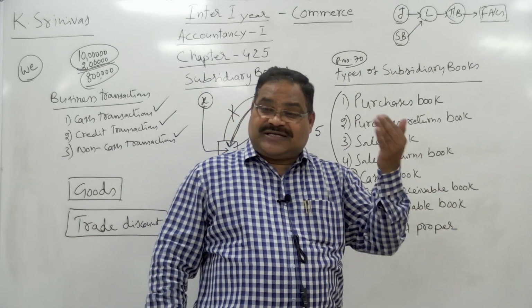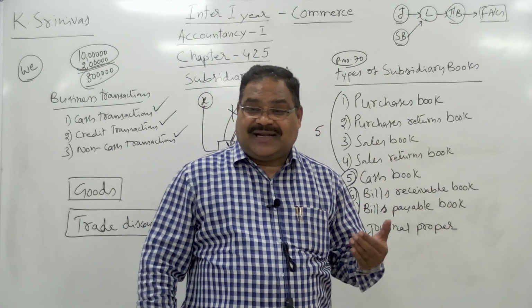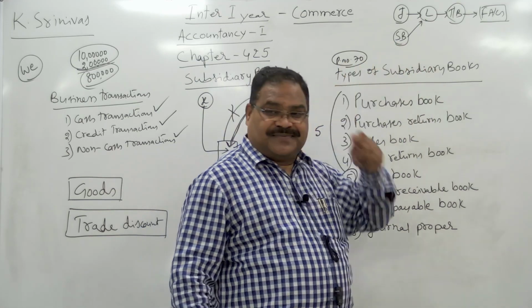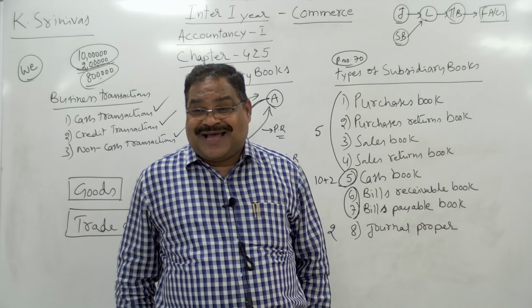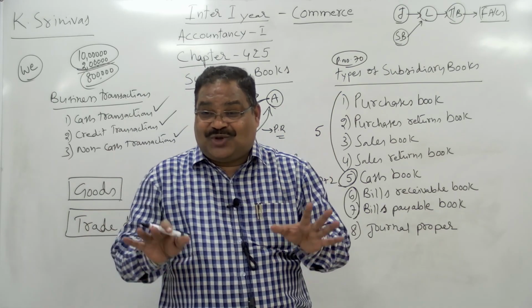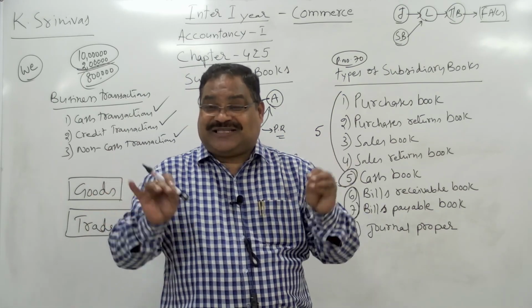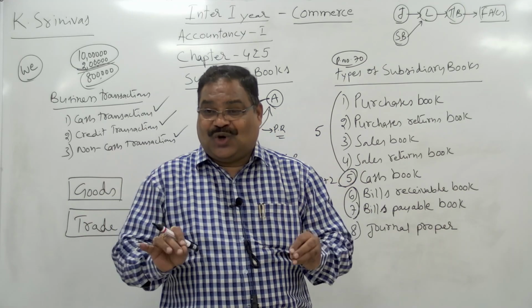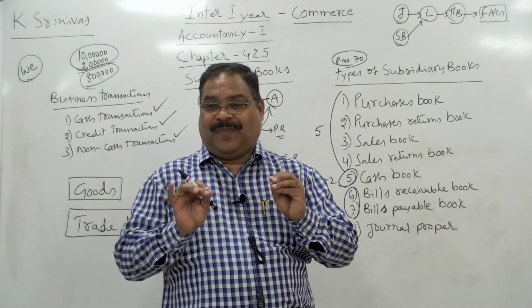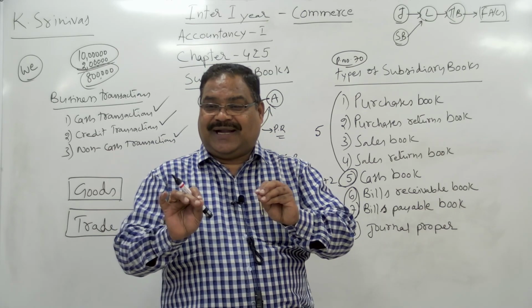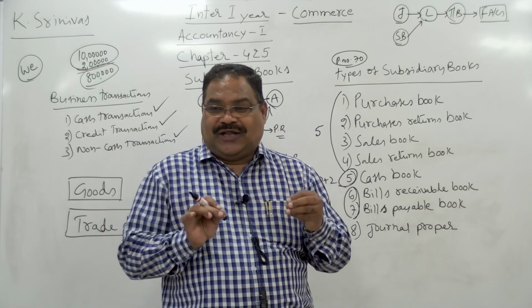Then the next way is the subsidiary books. Till now I have not started anything about the subsidiary books. I am just trying to explain the concepts. I will go into detail about the subsidiary books also. Before going to that, I am explaining all these.